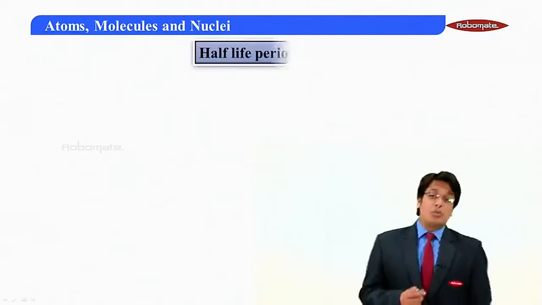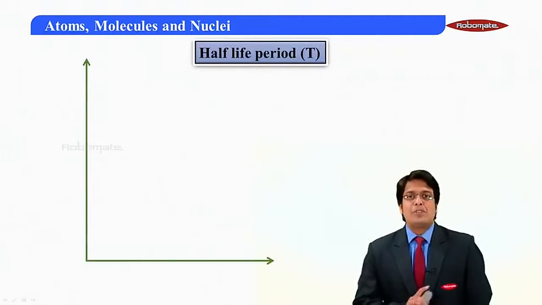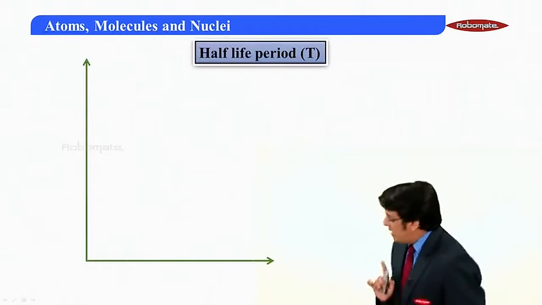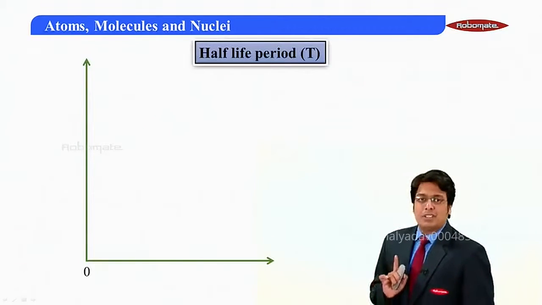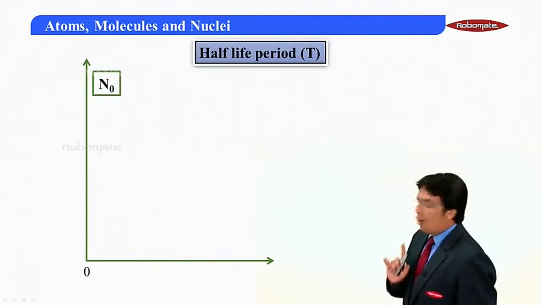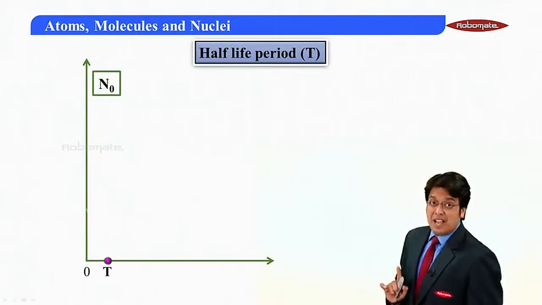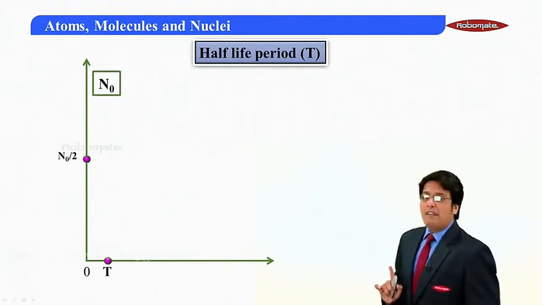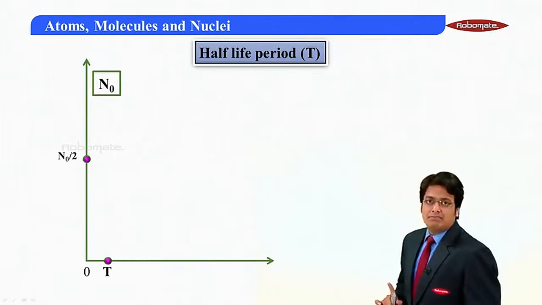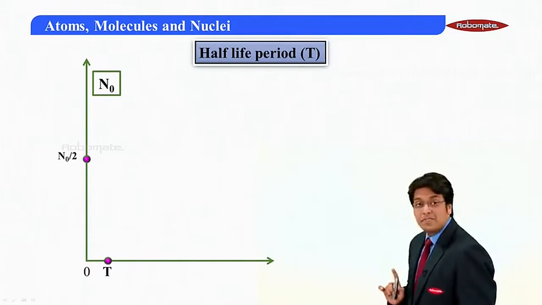Now, proceeding forward, what is half-life? A simple graph will explain the entire idea. I am plotting a graph of time versus number of atoms present. Let's say at 0, N0 atoms were present. After the first half-life, that is T, half of N0 will be remaining and half will be disintegrated, that is N0 by 2.